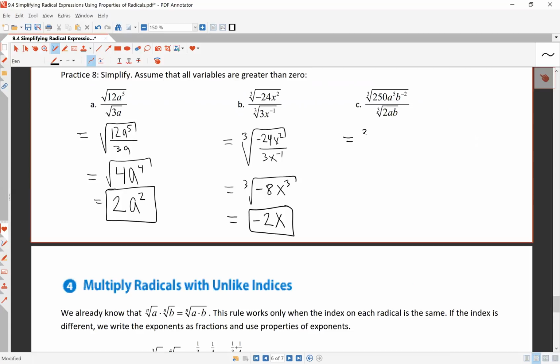Letter C, we write 1 big cube root. 250 divided by 2 is 125. A to the 5th divided by a is a to the 6th. And that b to the negative 2 is going to go to the bottom as b squared, times the b becomes b cubed.